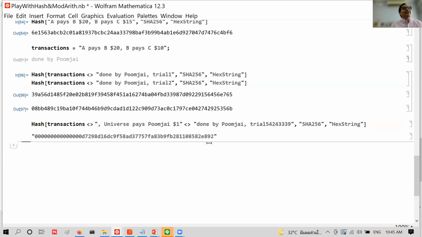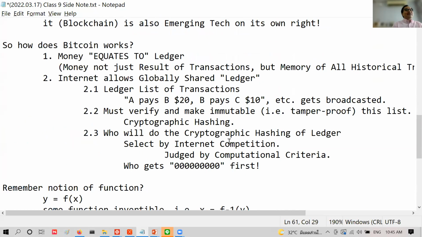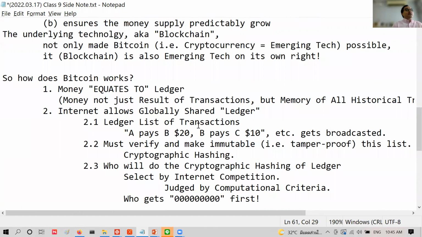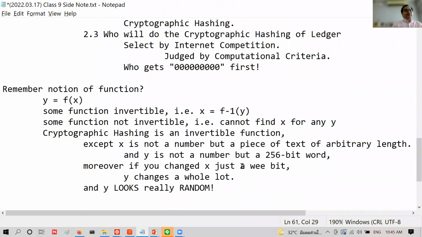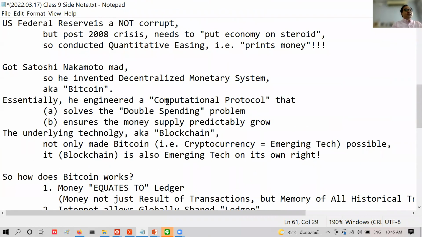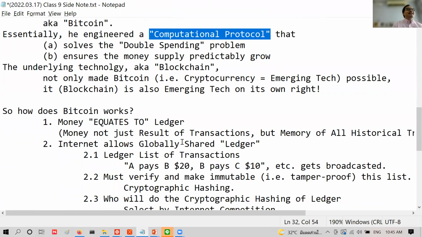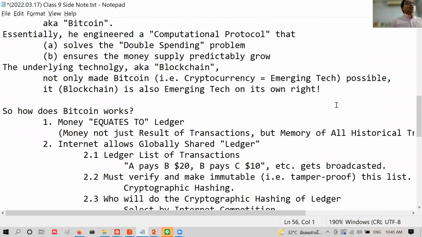Okay, that's it. So the computational protocol that Satoshi, the protocol that I was talking about, did is precisely that. So who will get this?